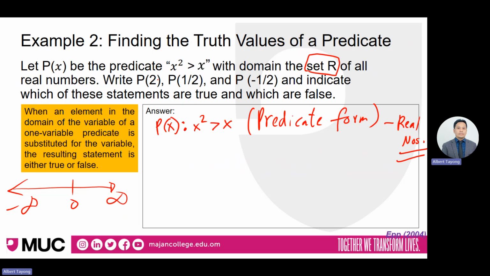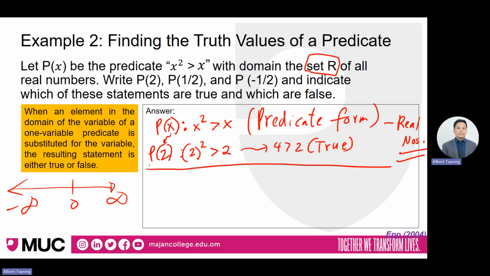So the values are given. As I said, if we change our variable into a value, it's going to be a statement, so it's either true or false. Assuming we change our x to 2, this becomes 2 squared greater than 2, which is 4 greater than 2, which is true. Second one is 1/2.